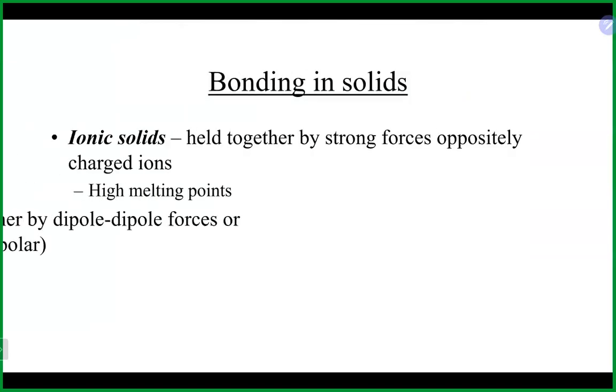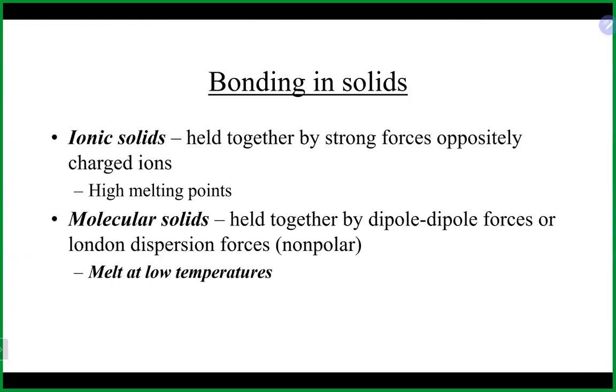So bonding in these: ionic solids are held together by really strong forces, the electrostatic attraction, and have very high melting points. And that is because, again, it is held together by intramolecular forces. So you might remember we talked about, I'm pretty sure, that you could take something that's an ionic solid, like in those really early experiments that you did, and you could heat the heck out of them.